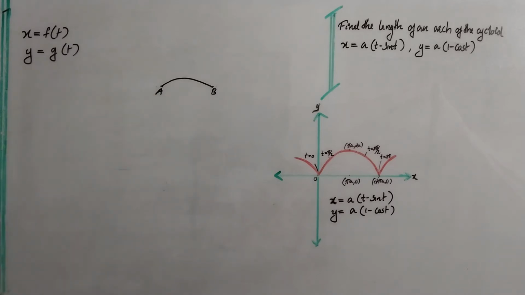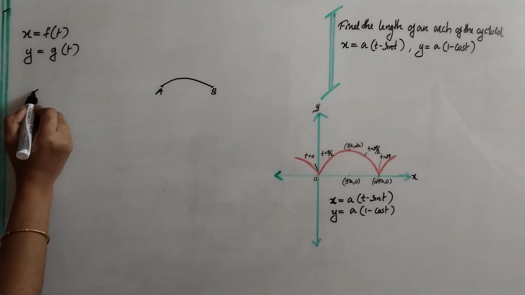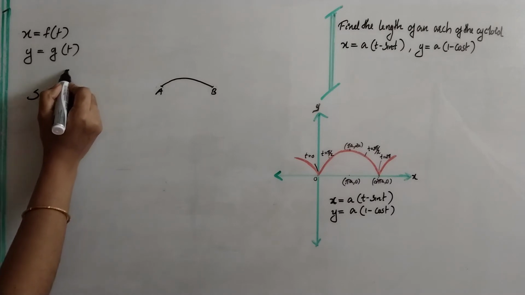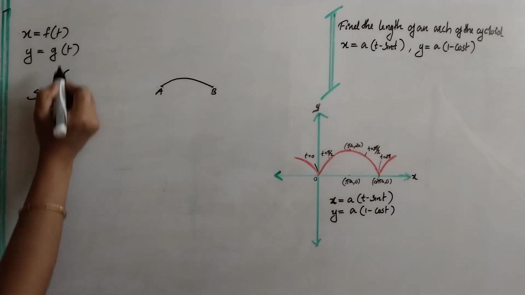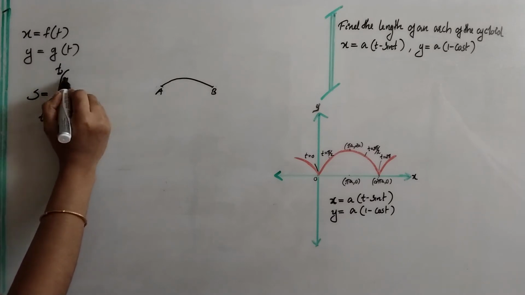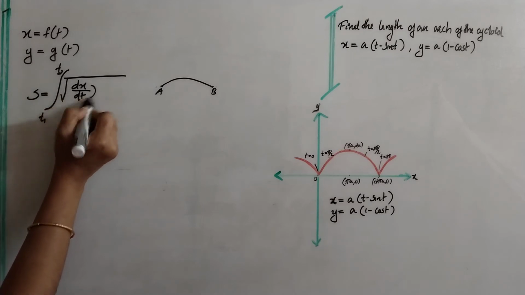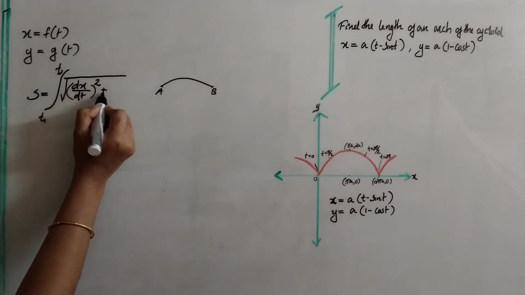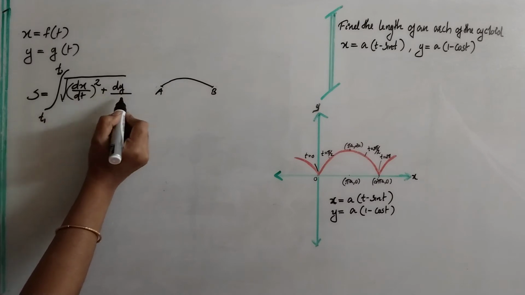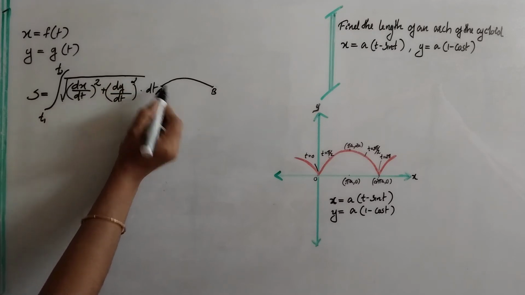Then the length of arc AB is given by S is equal to integral t1 to t2 root of dx by dt square plus dy by dt square into dt.